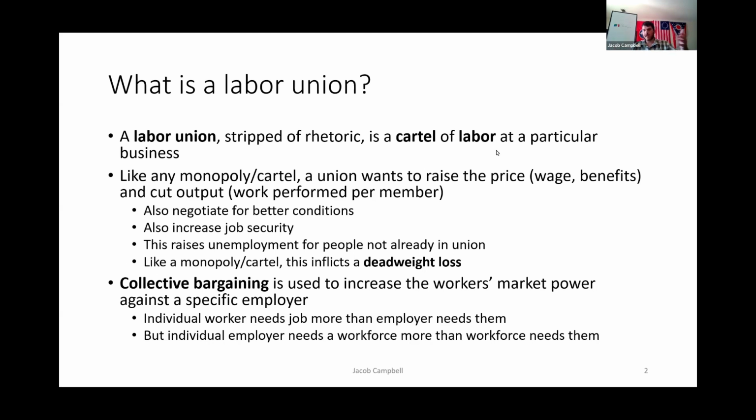For some people, it takes months to find a replacement job that's suitable. And when you go back to that problem that the employee needs the job to make a living, but the employer doesn't need them, this means that you're going to have a relatively elastic demand for labor, but you're going to have a very inelastic supply of labor.